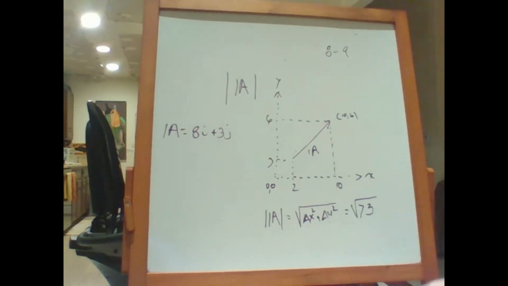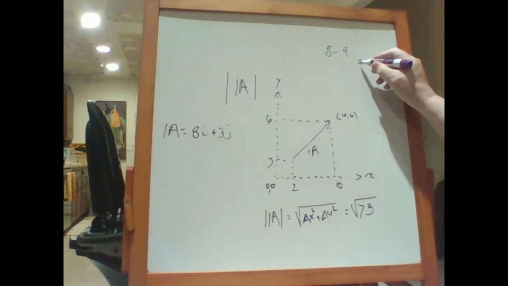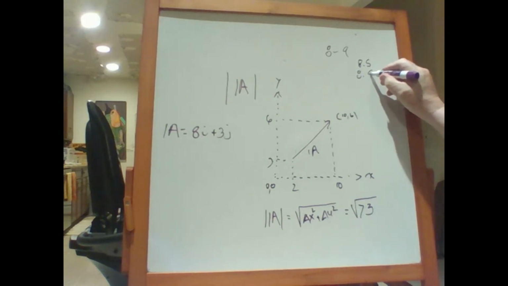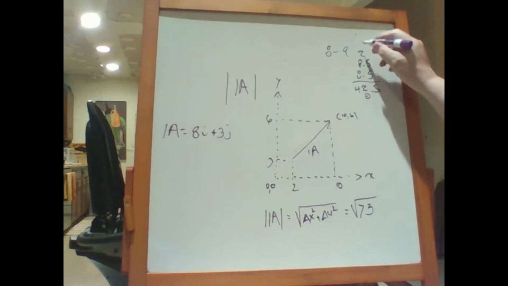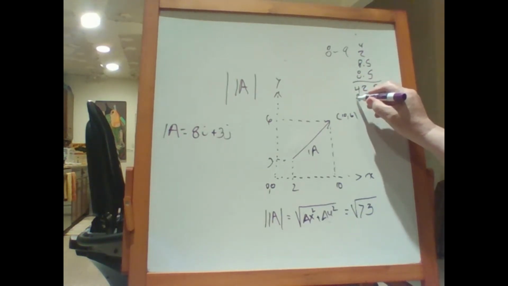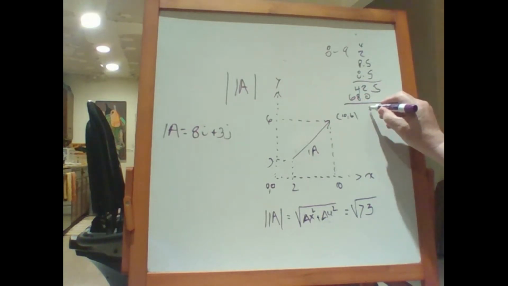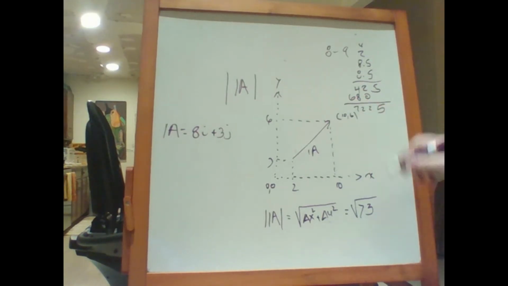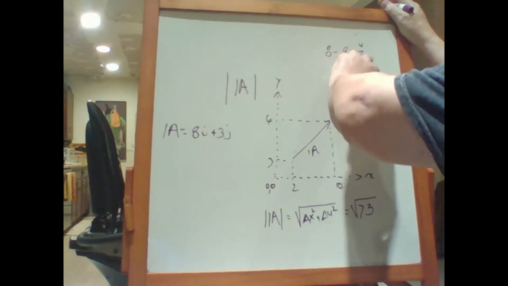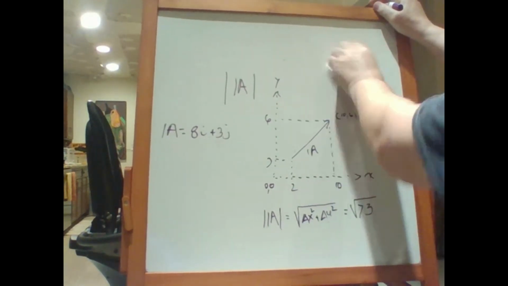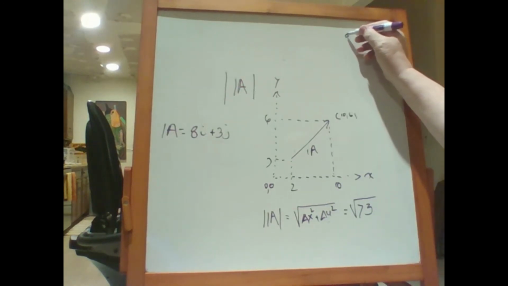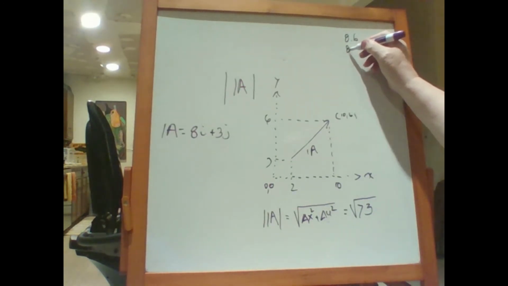And so we could guess that it's somewhere like 8.5 maybe. 8.5 times 8.5 is about 72, so it's almost there, it's about 8.6 maybe. 8.6, we can give that a try.